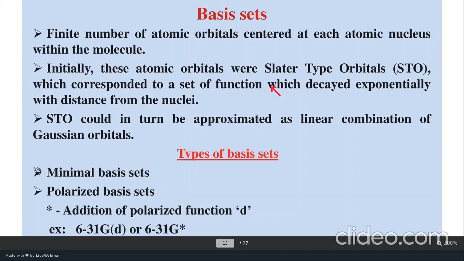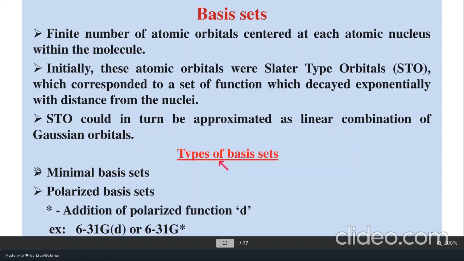The radial part goes through the Slater type orbitals, and the angular part goes through the Gaussian orbitals. The Slater type orbitals could in turn be approximated as a linear combination of Gaussian orbitals, as we have told about the Gaussian orbitals.